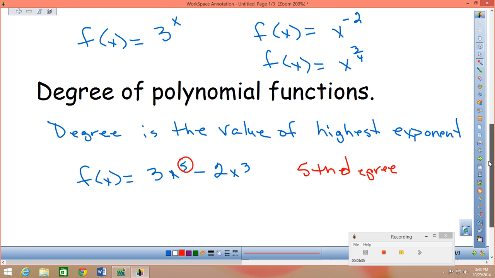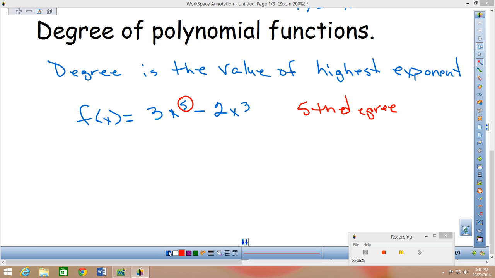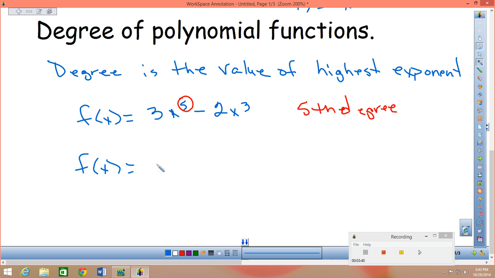Okay, I've got f of x equals 2x squared plus 7x to the 4th minus 6x. I look for the highest exponent. Right there, it's a 4. So this is a 4th degree polynomial.